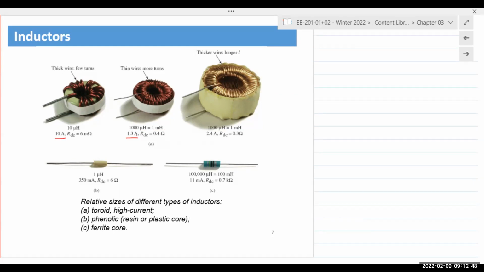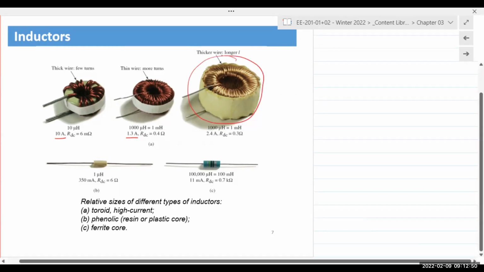Similarly, if we compare the third one, now the size is much larger. It's a thicker wire, not as thick as the first one, slightly thicker than the second one. You have a higher number of turns. So it has the same amount of inductance, 1 millihenry, but the current carrying capacity is still much less than the first one.